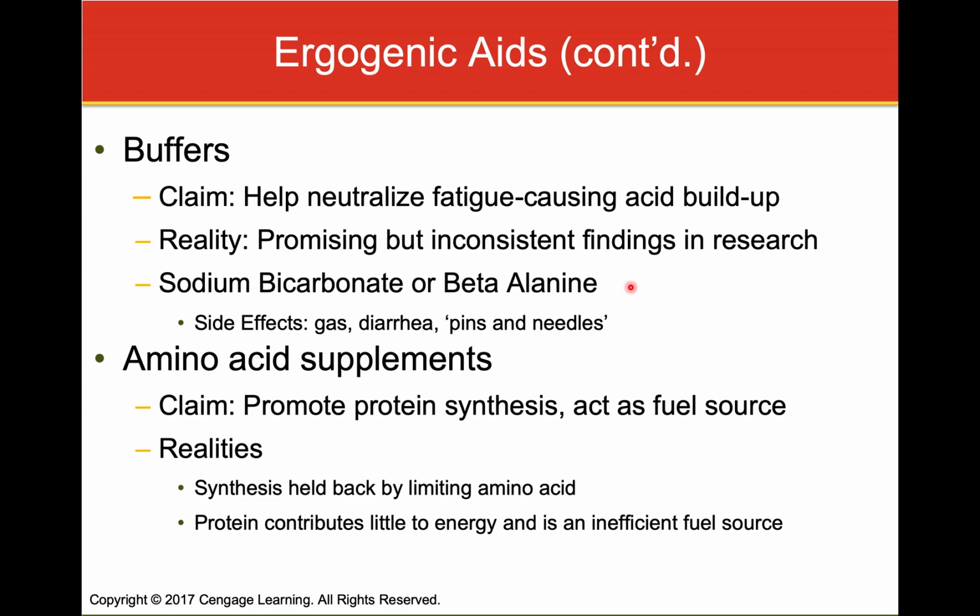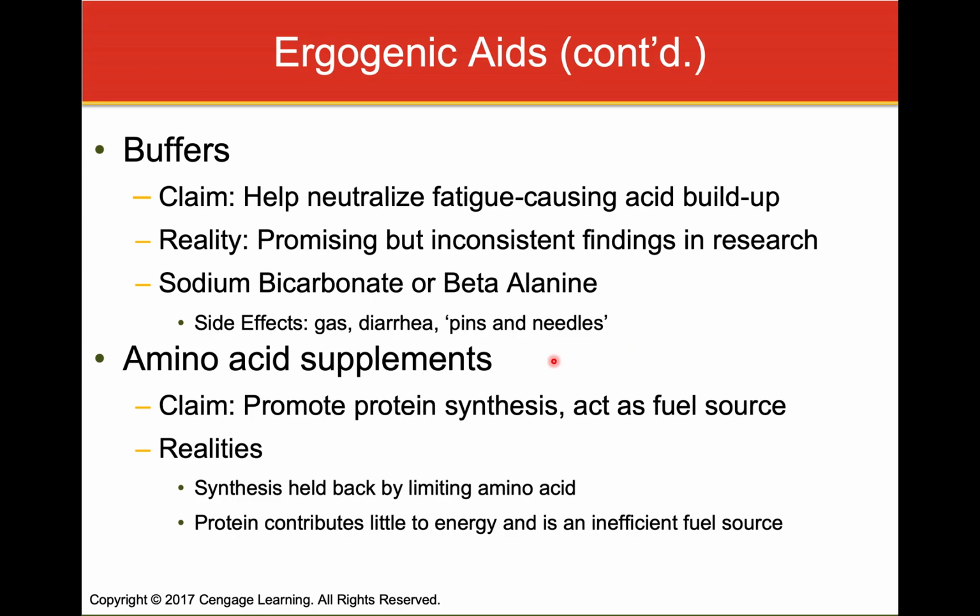But I would say so far the research is inconclusive. Some of the side effects of taking buffers are mostly related to GI, gas, or diarrhea, or, as is the case with beta-alanine, the feeling of pins and needles. So a tingling feeling from beta-alanine is a common side effect.